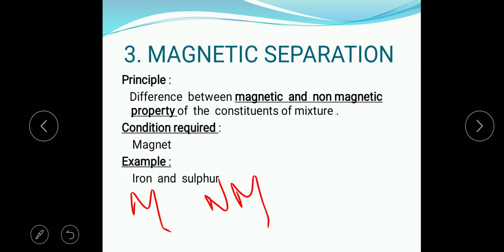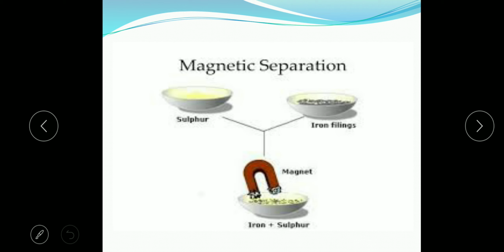Now what is the condition required to apply this method of separation? That is requirement of a magnet. Example of a mixture which can be separated by this method, that is iron and sulphur. Okay. Now in this diagram you observe that this is the mixture of iron and sulphur. We use a magnet. So which component of the mixture is magnetic? That is iron.